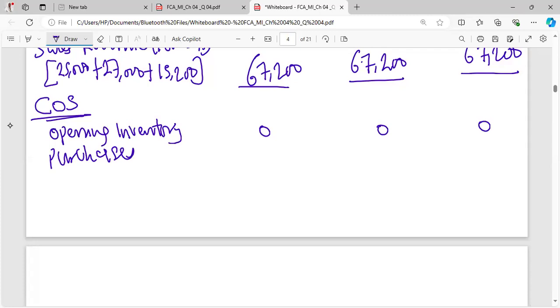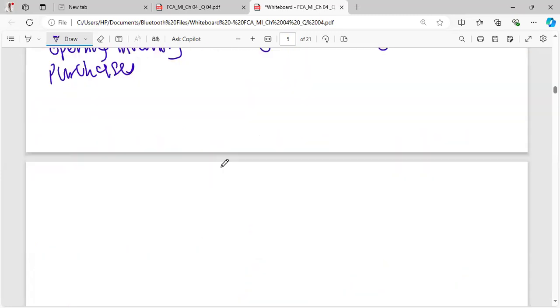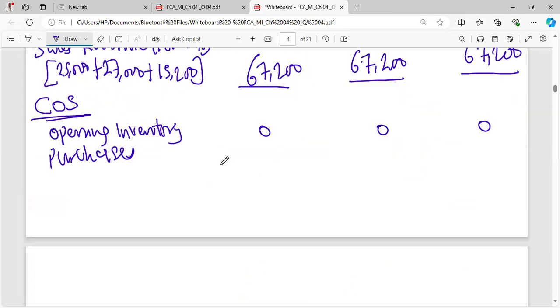They're all the same thing. 74,400 in each. So far, we have been putting the same figures.